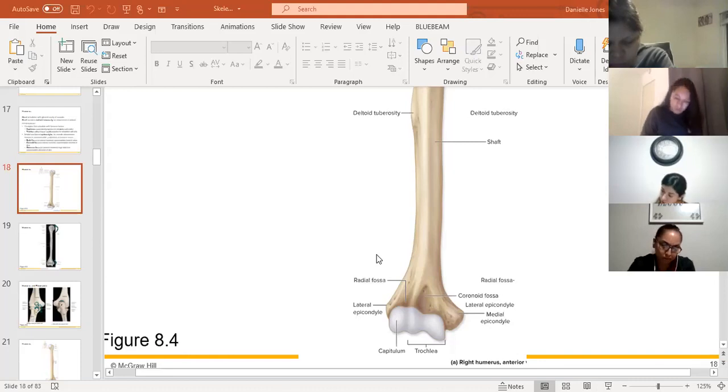Remember how we had a coracoid on the scapula? Well, here we have a coronoid. That's what I'm saying. You've got to make sure that you know where they're at. Why we call it the coronoid fossa will be told in just a moment, but it'll make sense. On the anterior side is the coronoid fossa, the smaller fossa.